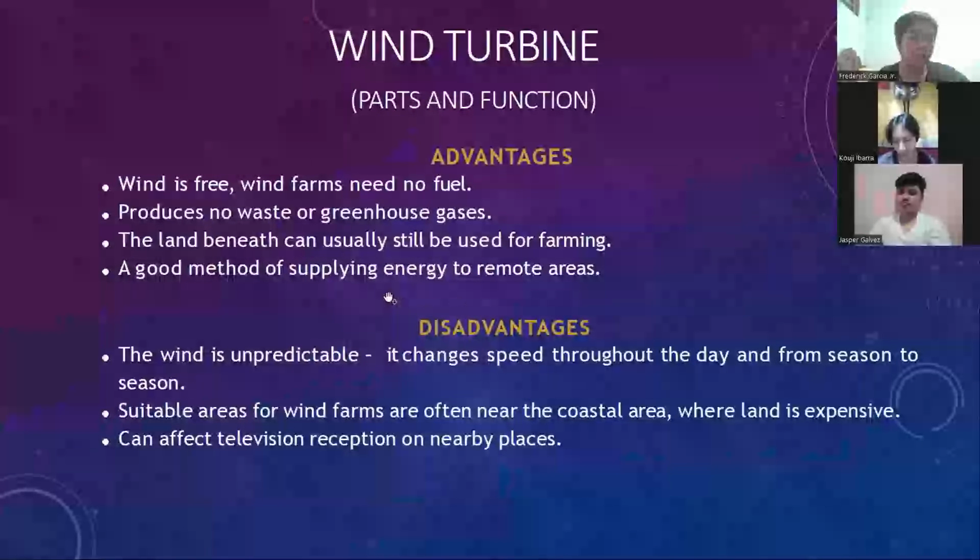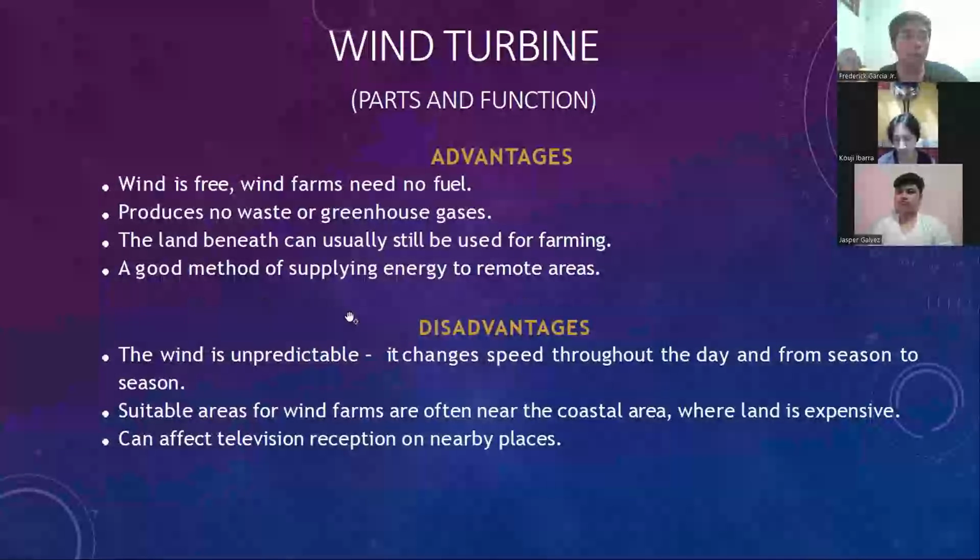The land beneath can usually still be used for farming. If you notice before, the towers of these wind turbines actually take up a very small square area of land. Thus, the land beneath can still be used for farming, since these wind turbines are also very tall and generally do not interfere with the land around them.